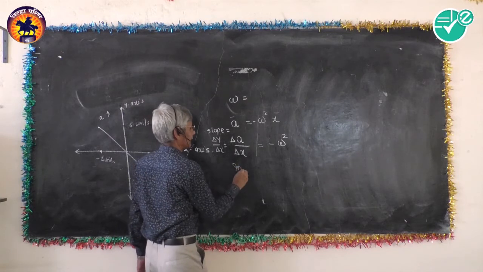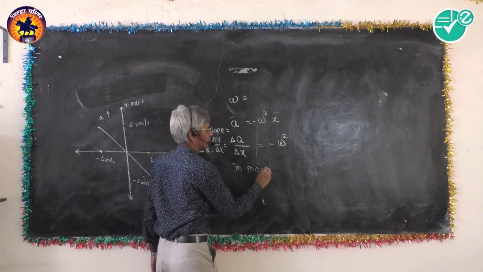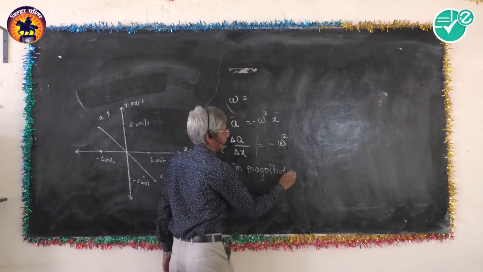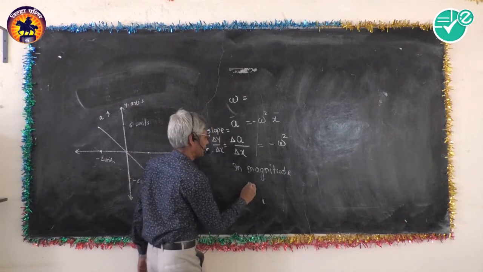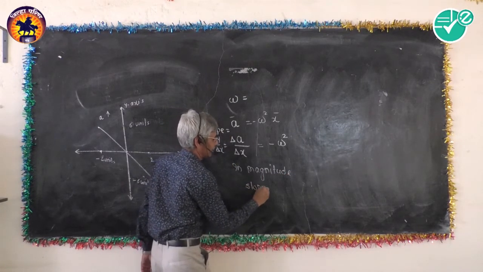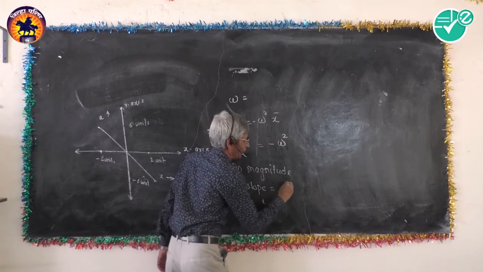If we take it in magnitude, then the slope becomes omega square.